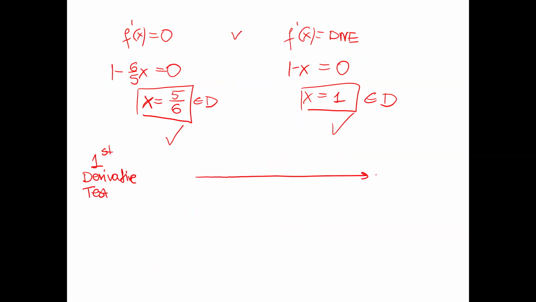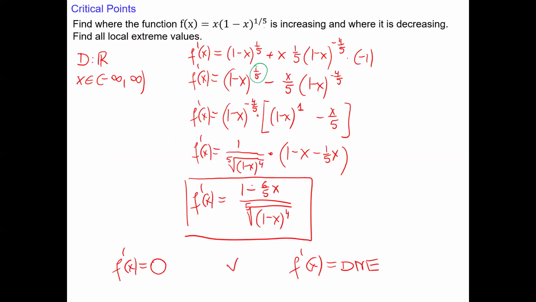Checking the monotonicity, where the function is increasing and where it is decreasing. Let's put 5 over 6 and 1, and let's test the sign of the derivative. When we take any value greater than 1 from that interval, we may notice the denominator is always positive because it's raised to the power of 4.